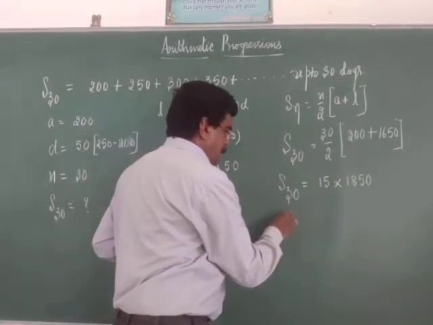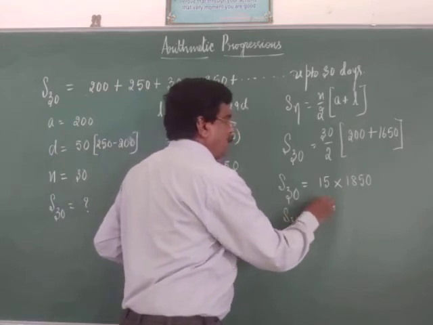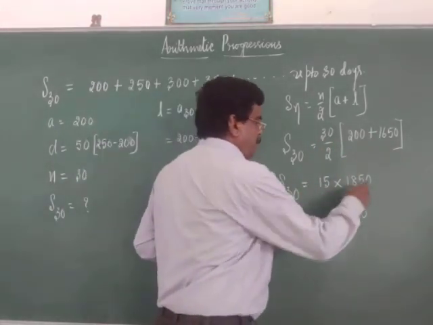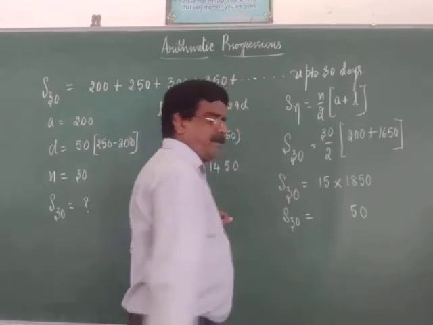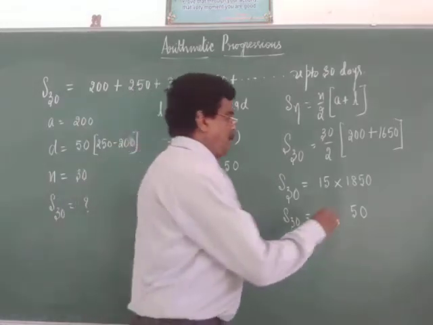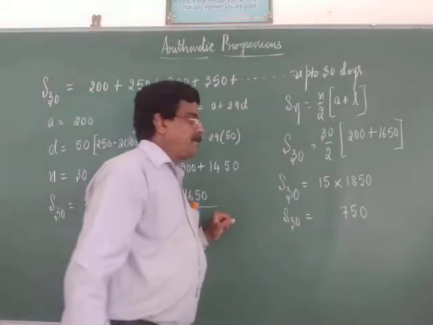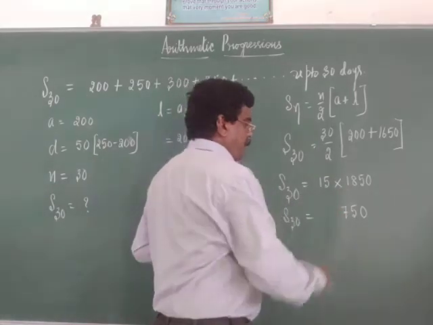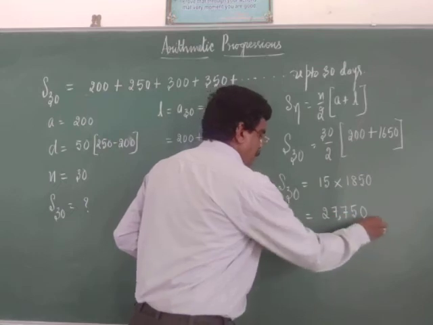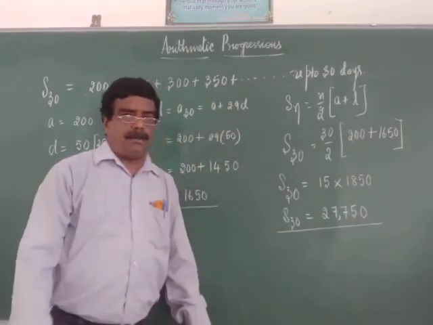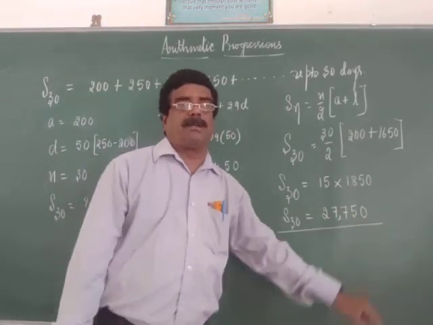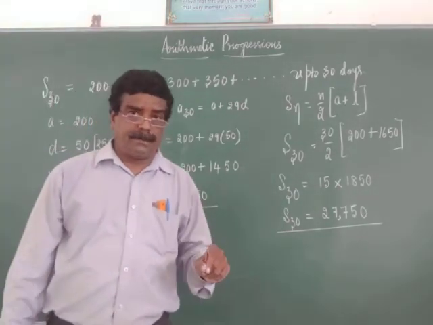Now if you multiply: 15 into 0, 0. 15 5s are 75, 7 carry. 15 8s are 120, 120 plus 7 is 127, 12 carry. 15 1s are 15, 15 plus 12 is 27. It means the contractor is supposed to pay an amount of 27,750 rupees for the delay of 30 days.